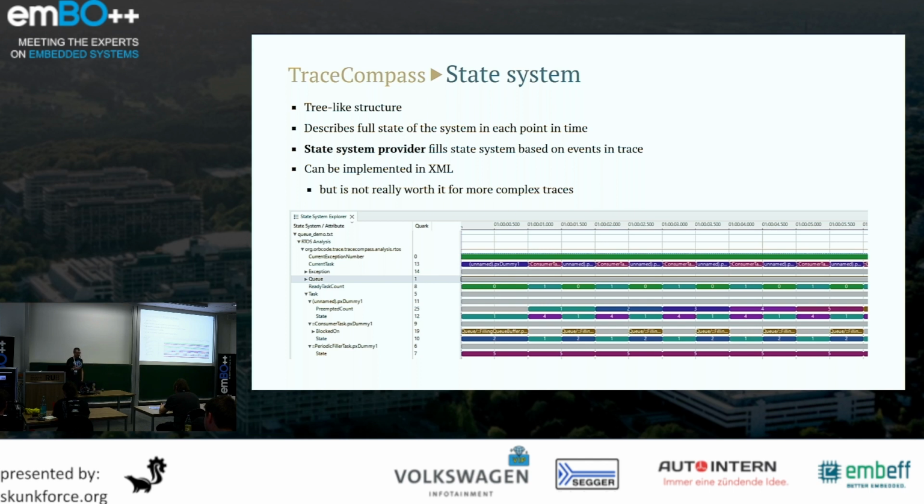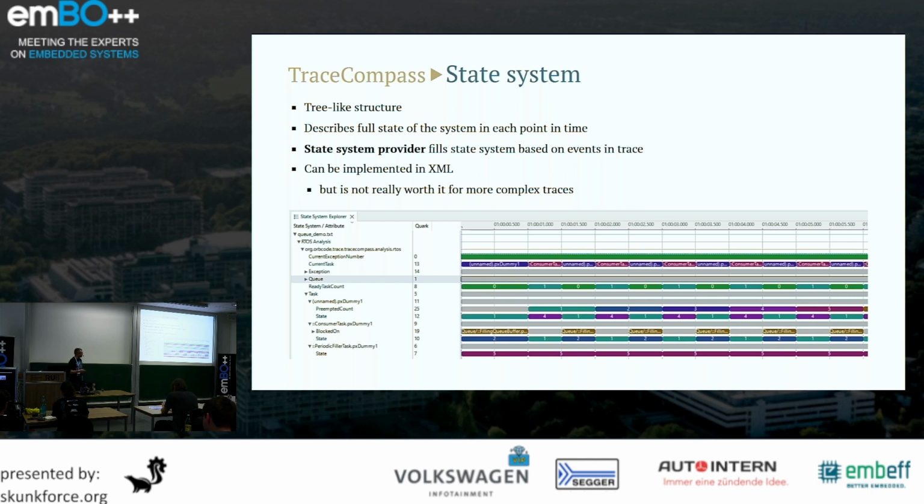This state system provider that converts the events into the state system can be implemented in XML. It's doable if you have low tens of events with pretty simple translation, but it gets pretty tedious and hard to do and maintain if you go into 30 or 40 trace events.